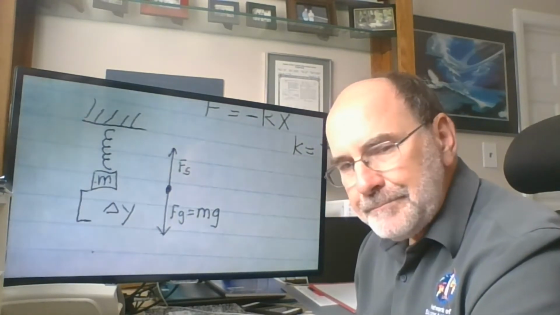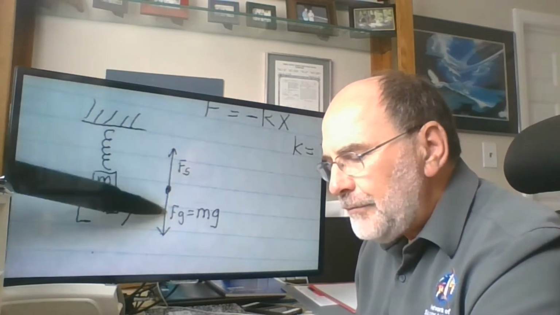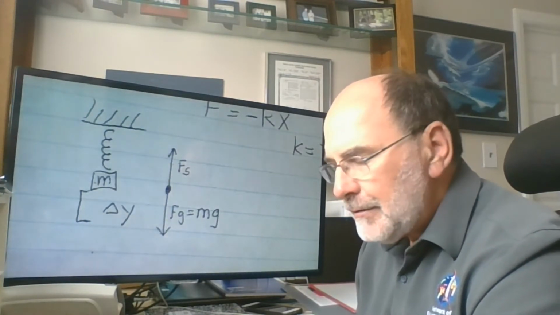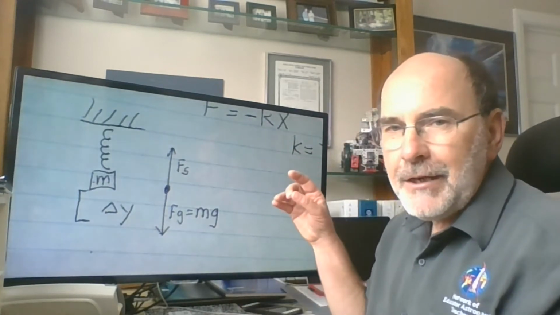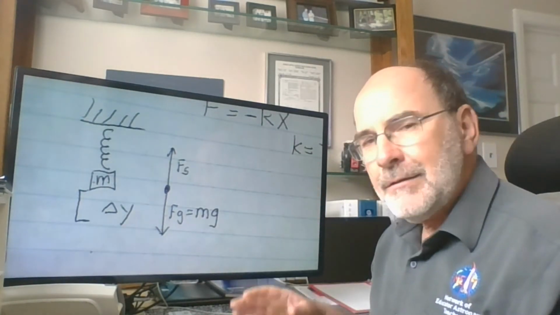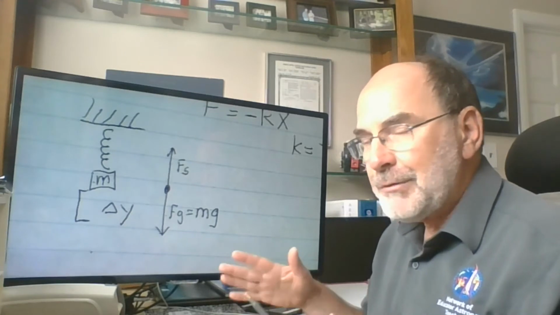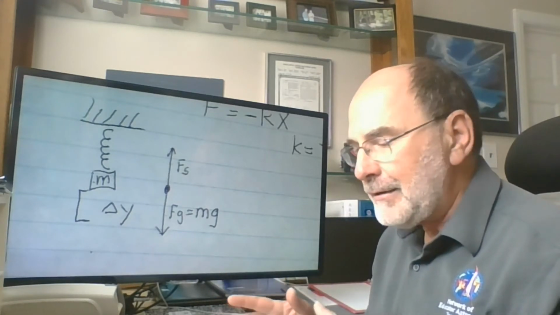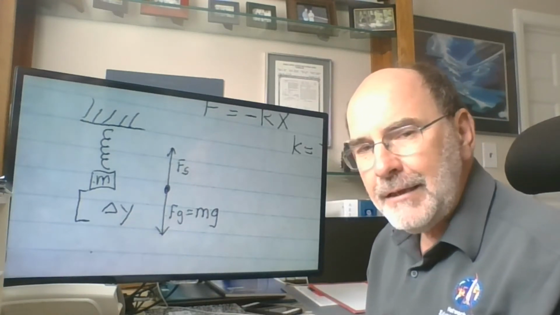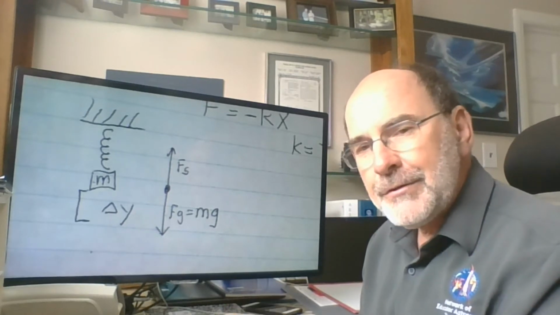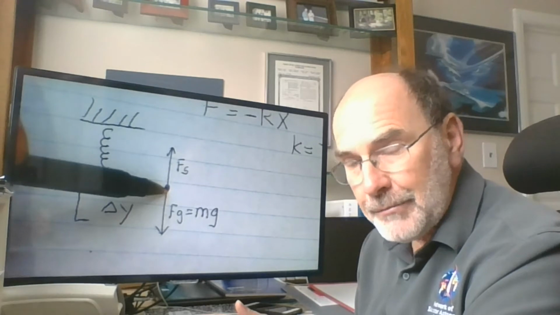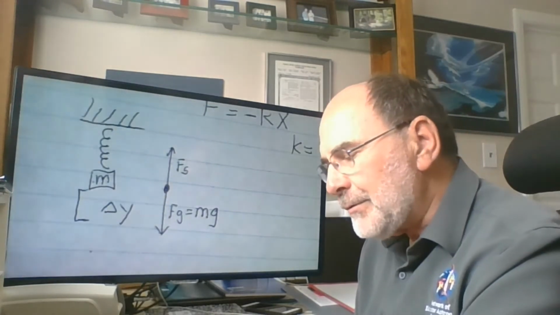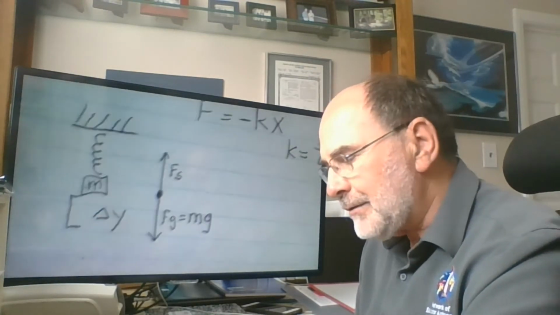Over time, these two forces will become equal. If the weight is greater, the spring will stretch. And once the force of the spring has grown to equal the weight of the object hanging from it, then these two forces are in equilibrium and the object will not be accelerating. If you do it slowly, the object will be at rest.